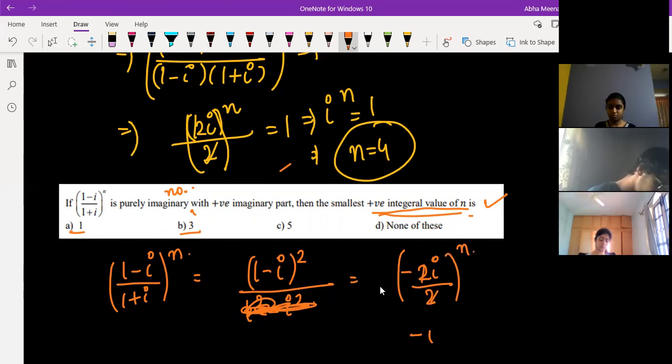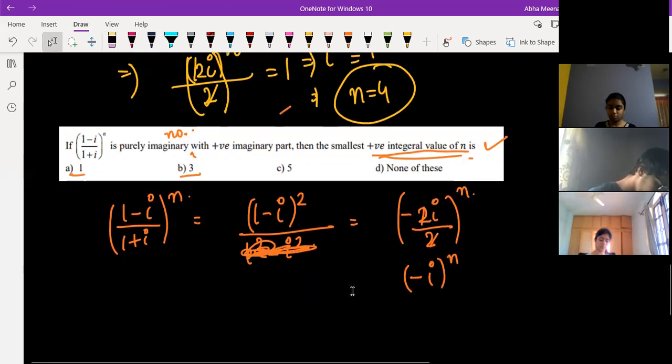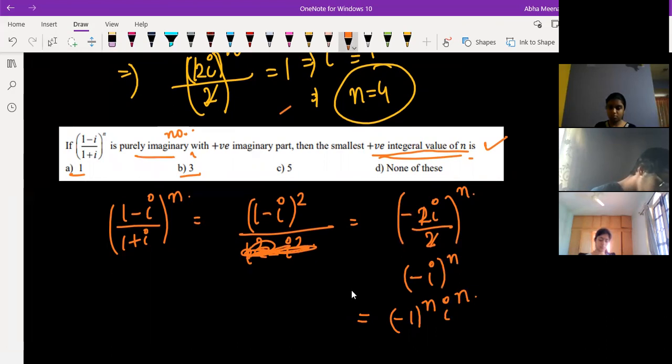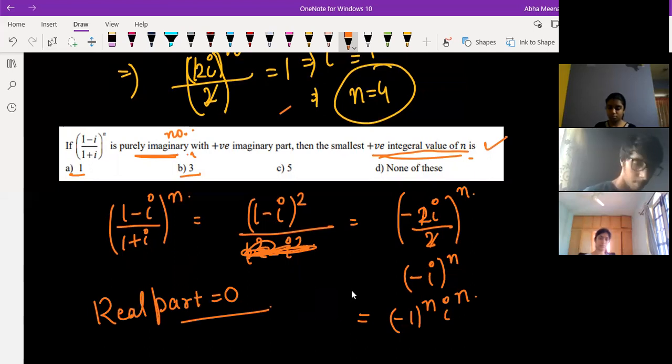So here we have (minus i) to the power n, which is equals to (minus 1) to the power n into i to the power n. So it's very clear that this is a purely imaginary number, which means the real part is 0. So i to the power n can take the values either i or minus i. These are the only two values i to the power n can take.